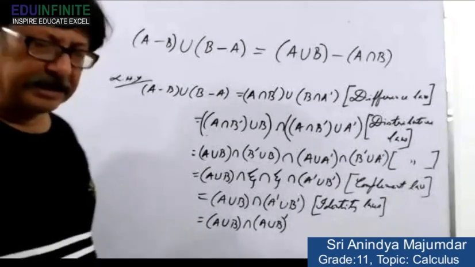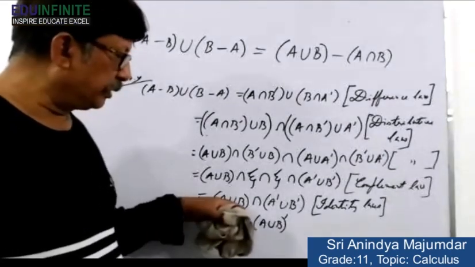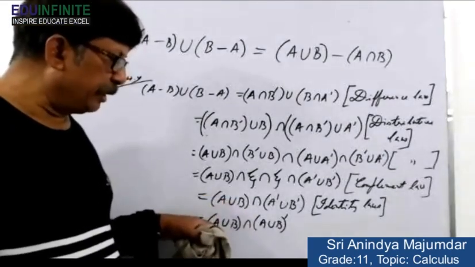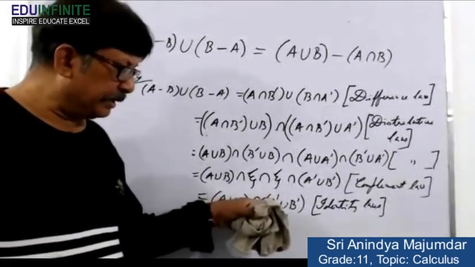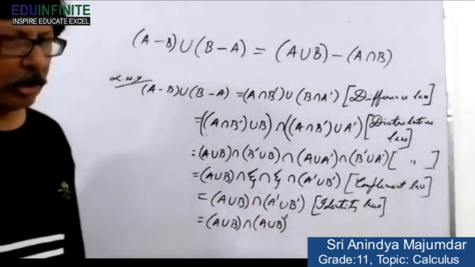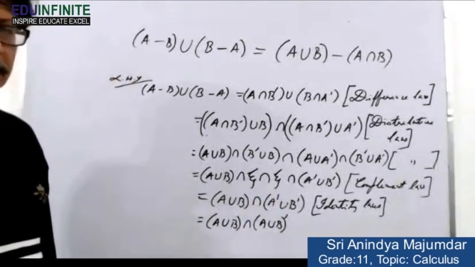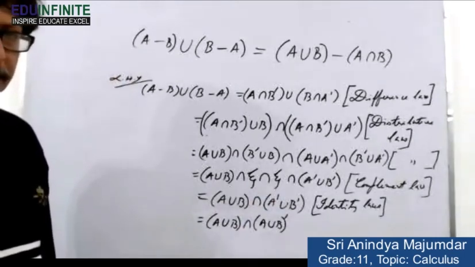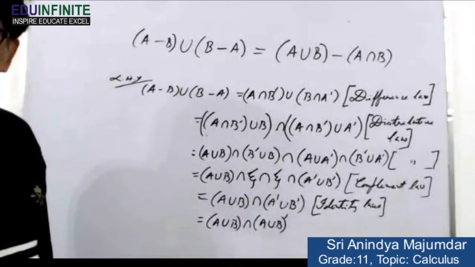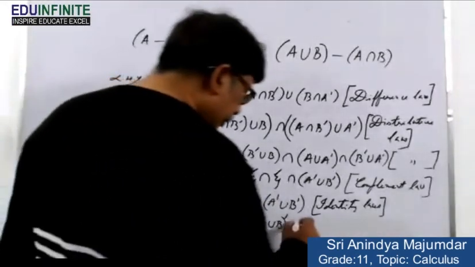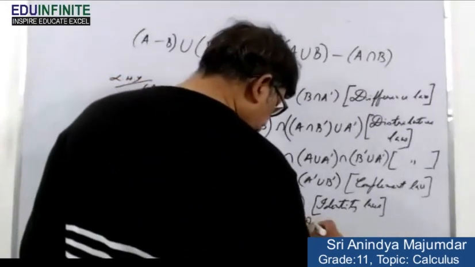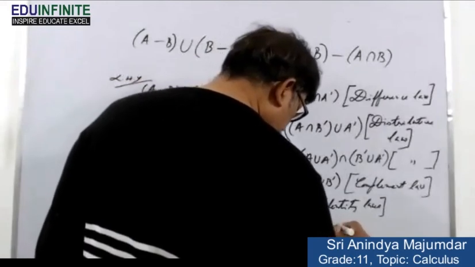I have not used anything in the first part. A union B remains as A union B. So what I have done in the second portion, what law have I used? Sir, De Morgan's law. De Morgan's law, very good.